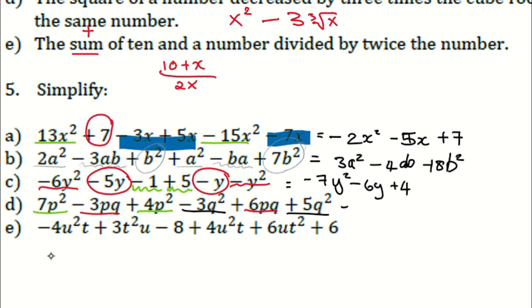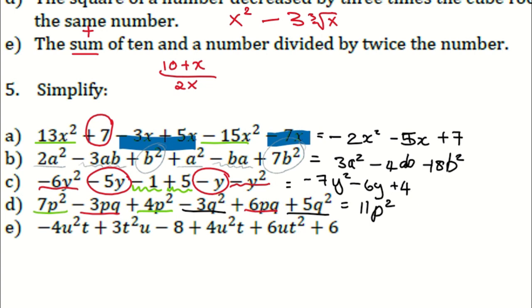Now I'm going to write down my answer. I'm first going to add the green terms, looking for like terms. So that's going to be 7p squared. What is 7p squared plus 4p squared? 11p squared. Then I'm going to do the red now.